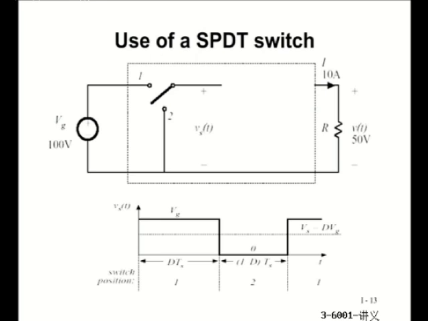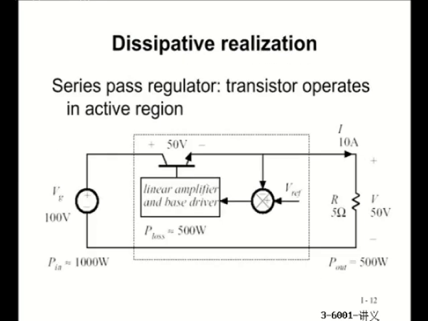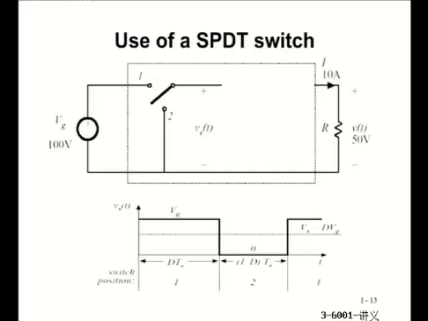The previous solution over here, this transistor is working under linear mode. We want the semiconductor devices to be working under switch mode. Therefore, we like switch. So let's see if we put a switch in between the source and load.